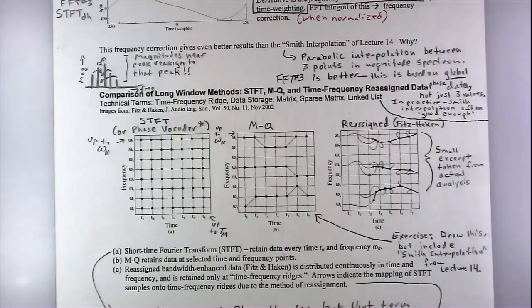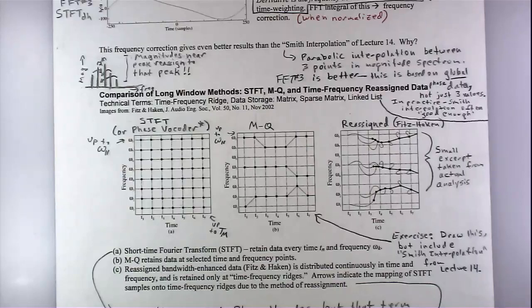Okay, now I do want to talk about algorithms out there because earlier I talked about the Smith interpolation, this parabolic interpolation from lecture 14. What happens here, in this thing here, using time frequency reassignment, right, you have that little thing. Did I put that in your handout?